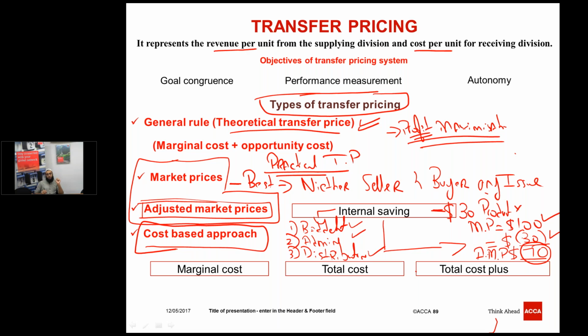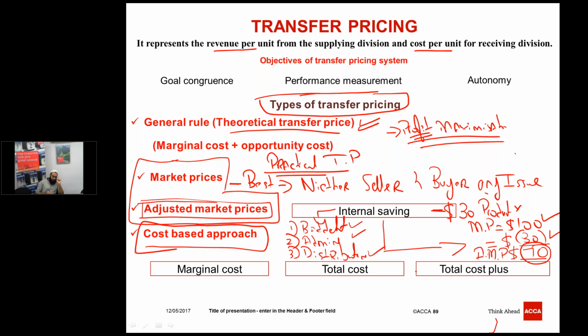So my dear friends, cost-based transfer price is another option that we have. On the basis of that, we can set our transfer prices. And this is used when the market price or adjusted market price is not a useful option.